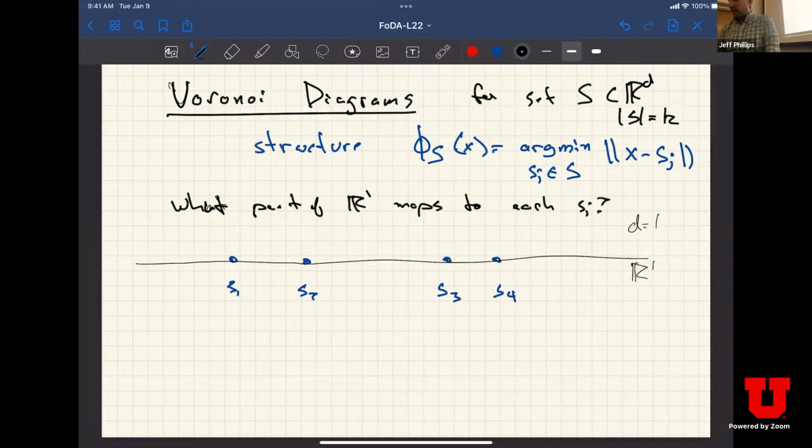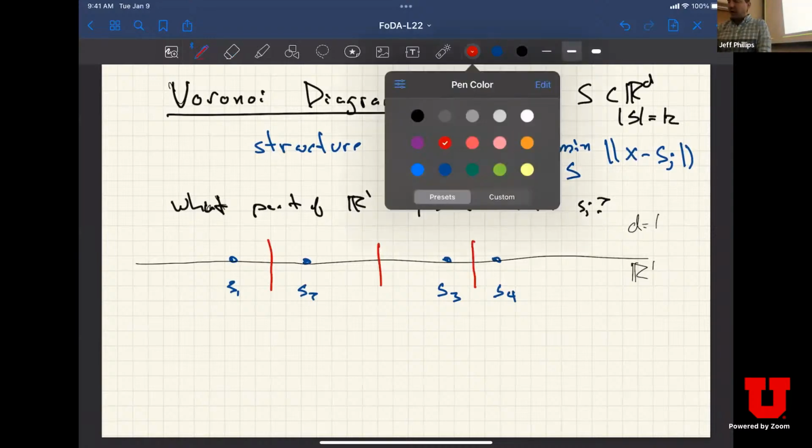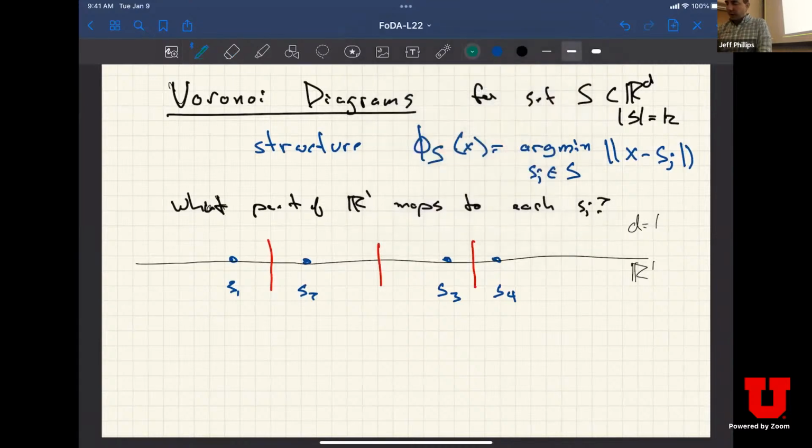Okay, and what we can do is draw these bisectors between, in this case, the consecutive points. And so the Voronoi cell of S3 is going to be this region in here.